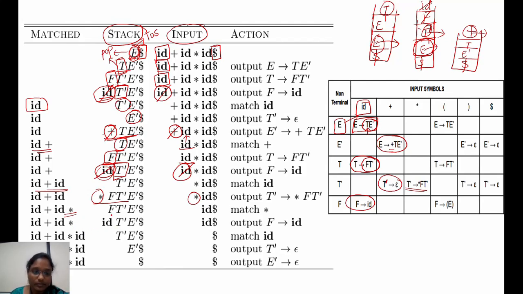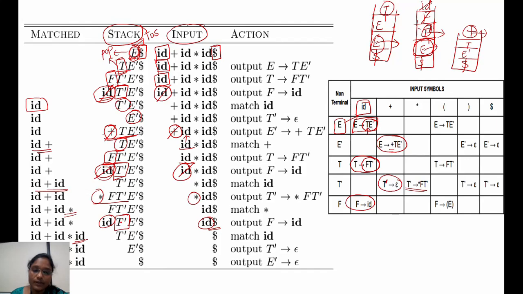And then again we have F on ID, and again ID and ID get matched, so we write it into that. So now finally we have T dash on the top of the stack and dollar. Okay, so the procedure has to repeat until the stack becomes empty, that is, the stack should get dollar as its value.